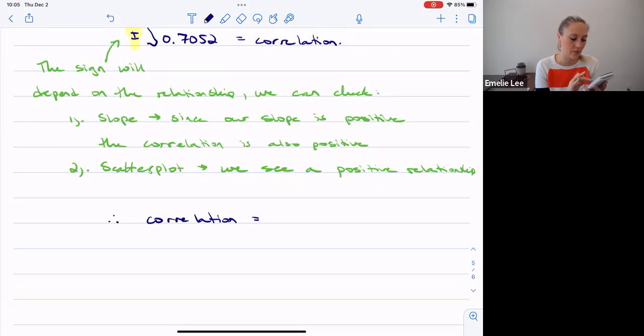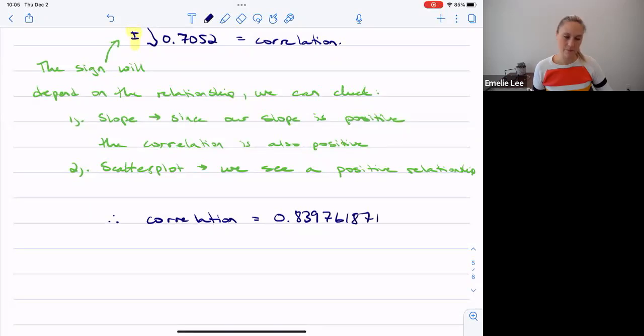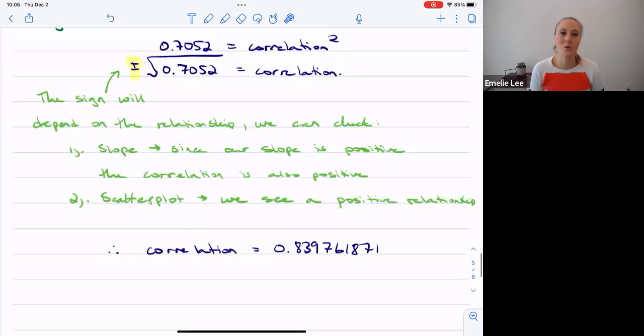So the square root of 0.7052 is going to be 0.839761871. I am not going to round it because why would I? But you would round to, so here I have 4 decimal places, you would keep at least 4 decimal places. Why not just keep it as it is?